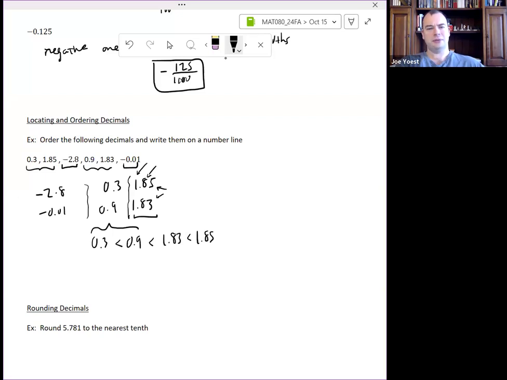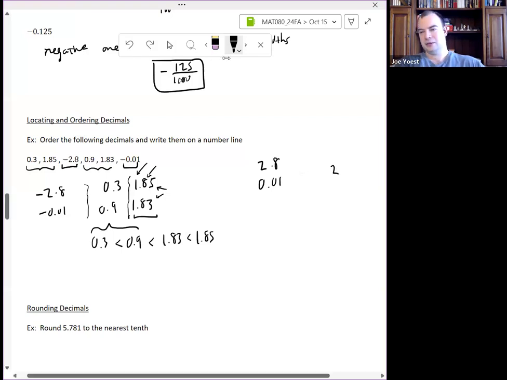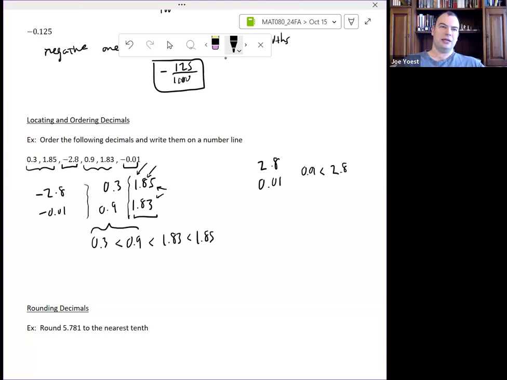Now for the negatives, again, I have to be a little bit careful. If I were to compare positive 2.8 and positive 0.01, I see that 2.8 is bigger than 0.01. But when I take the opposite, I kind of take that whole number line and flip it over. Things that were to the right initially end up to the left.